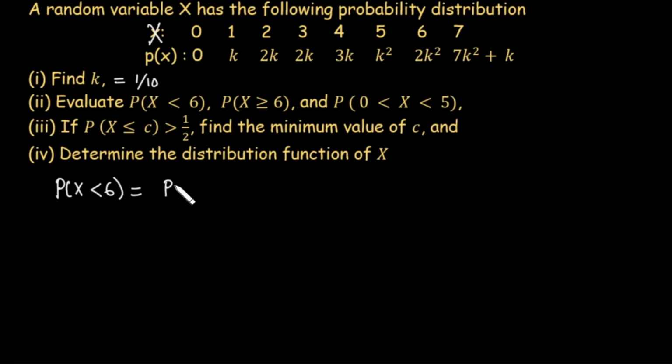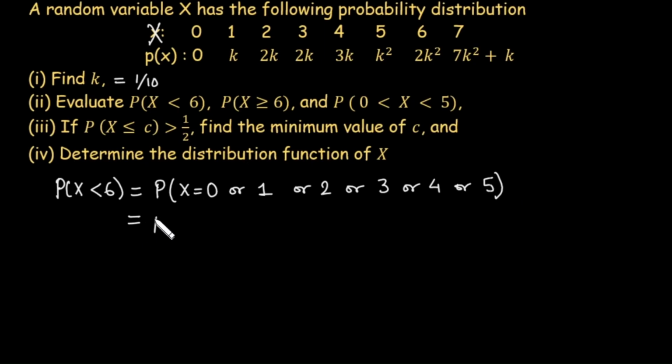So less than 6 means we need to calculate probability when x is equal to 0 or 1 or 2 or 3, 4 or 5. So how we can write this?